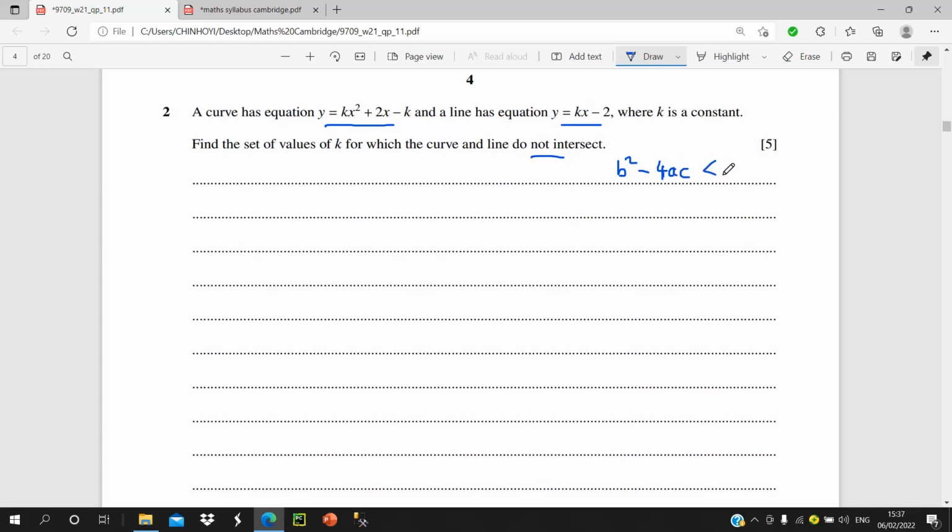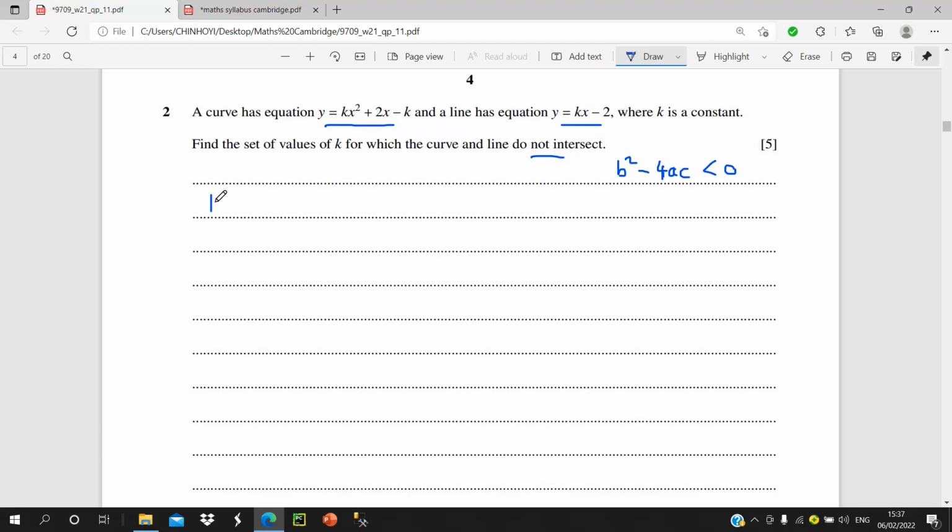If the discriminant is less than 0, then we don't have any roots. In fact, the curve and the line do not intersect, with imaginary roots, right? So we are going to substitute where there is y, so we are going to solve these two equations simultaneously.